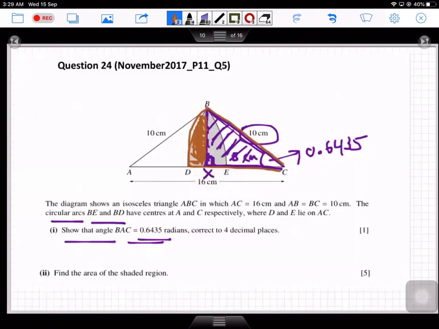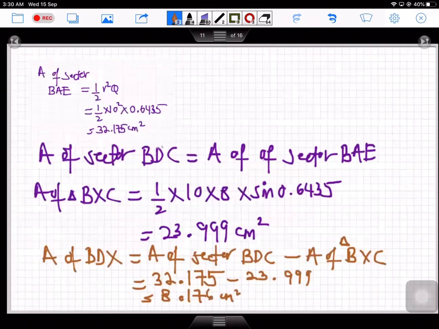By the same procedure we could also find this area, but you don't need to follow the whole procedure again, since these two regions are exactly identical to each other. So in order to find this shaded area, the area of this region BDE is 8.176 multiplied by 2.